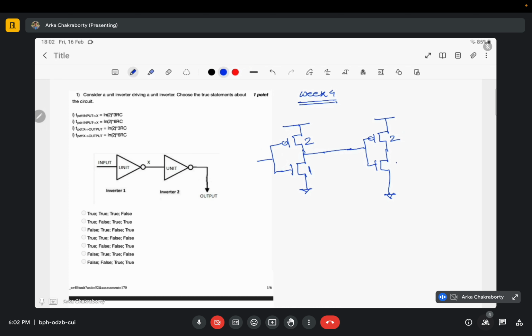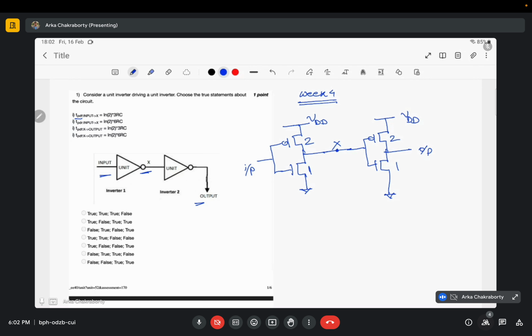So these would be the sizings. This is VDD. This is VDD. So this is basically my input, and this is basically my output. The first statement is, given that t propagation delay for falling edge input to x, let me call this one as x, input to x is ln2 into 3RC.